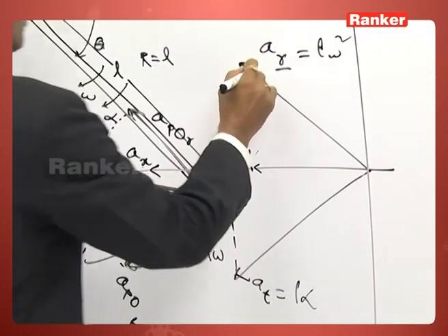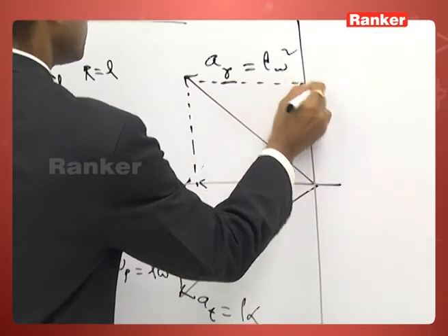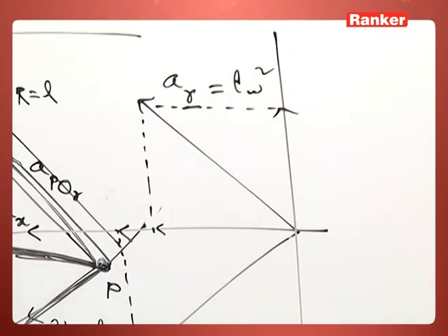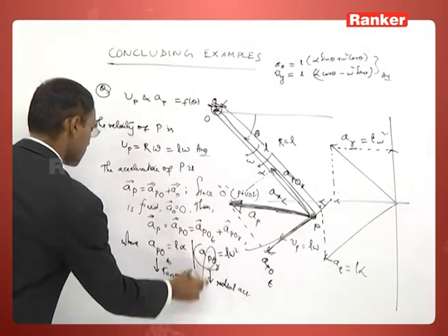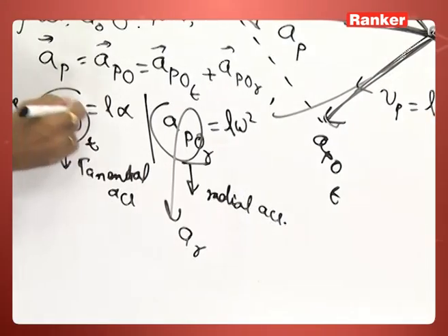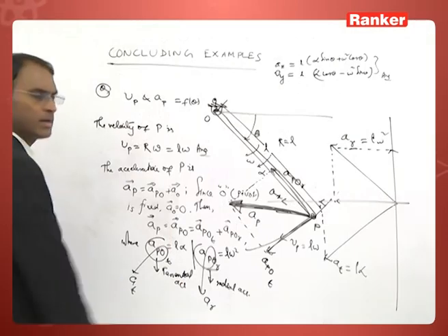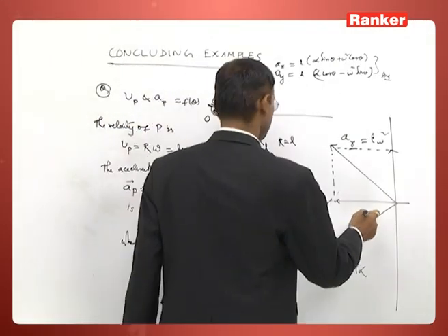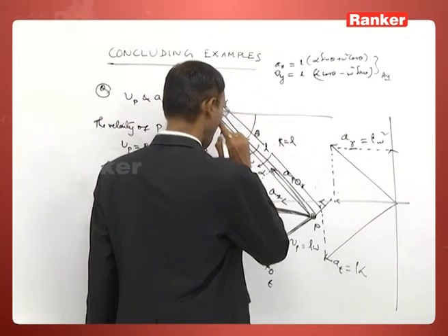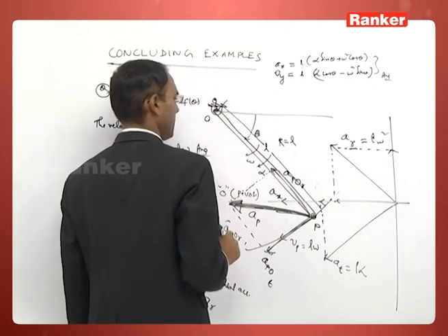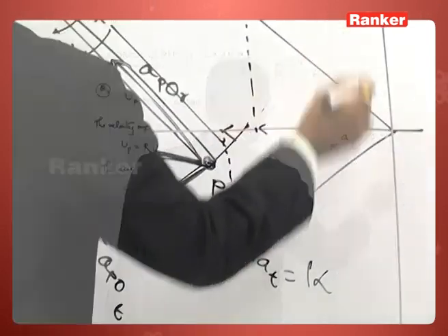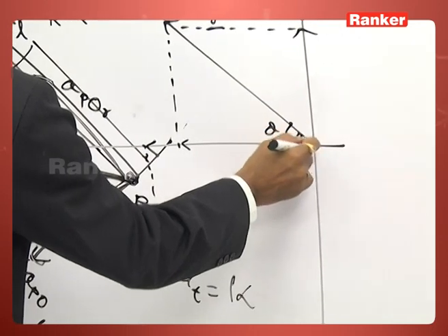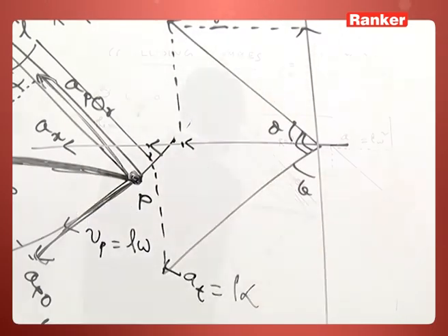Similarly, along y direction, if you take the component of AR, this is called AR, this is called AT. In short, we can write like this. This angle is theta, therefore, this angle is theta. This is 90 degree, therefore this angle is theta.